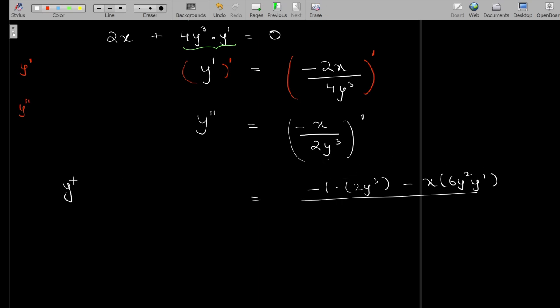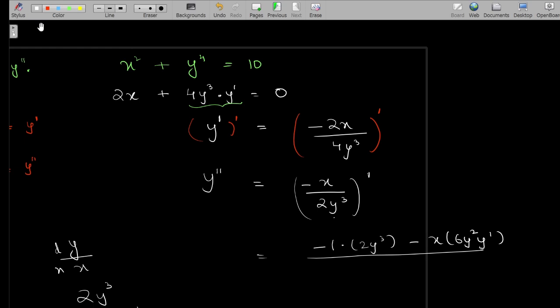When you differentiate 2y cube with respect to x, you get 6y square, and there will be a y prime term as well. This is how we used to do implicit differentiation.